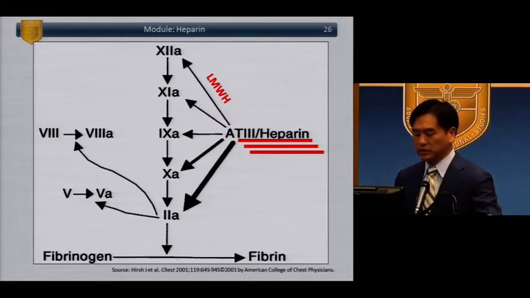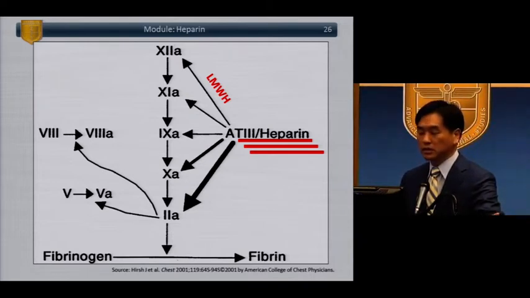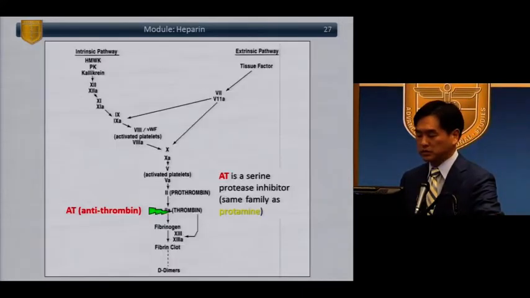Okay, so to review, the heparin-antithrombin complex works at all these levels. Low molecular weight heparin works primarily at factor 12. Okay, so let's put that back into our regular tree. Antithrombin here, it inhibits factor 2, which is thrombin.